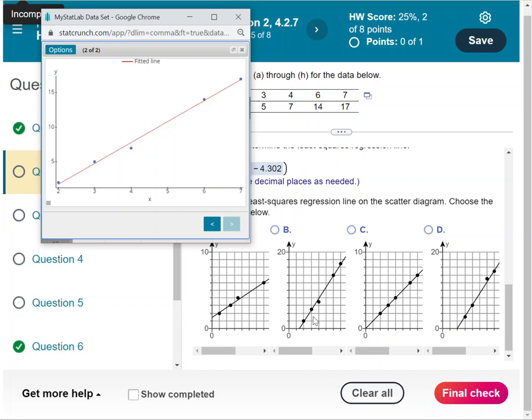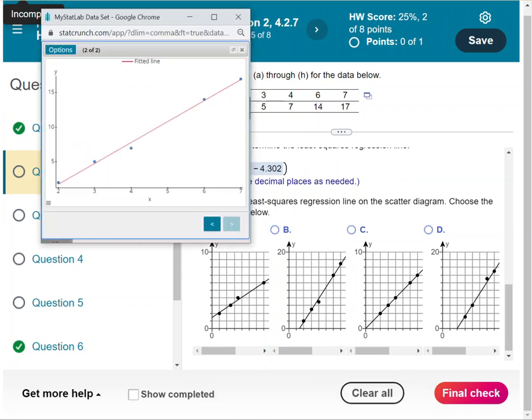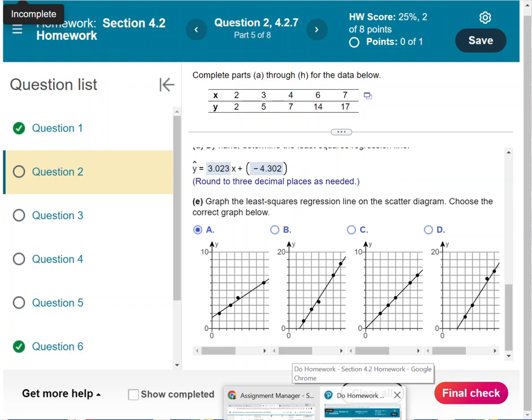Let's see. Let me get that back on there. Again, the scale can really make a difference, because notice if I keep losing it. This time I did lose it. I actually closed it out.